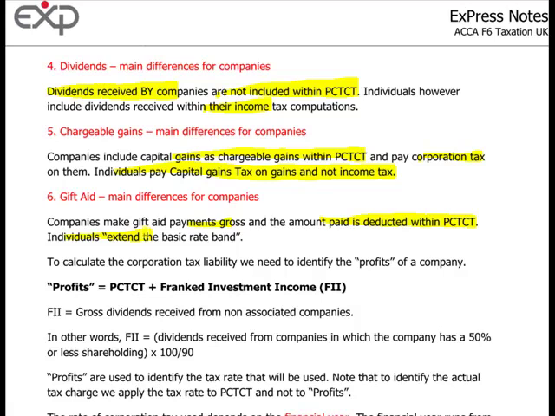So to calculate the corporation tax liability, we need to identify the profits of a company. Profits equals PCTT plus franked investment income. So although the dividends aren't particularly of any interest when they're received because they're not taxable, you do need them for this calculation.